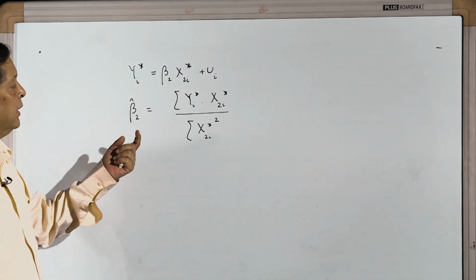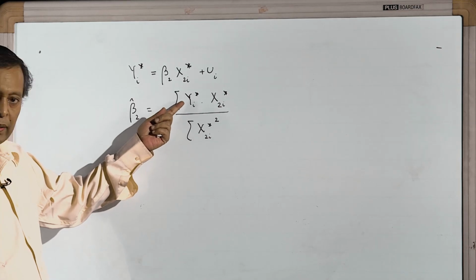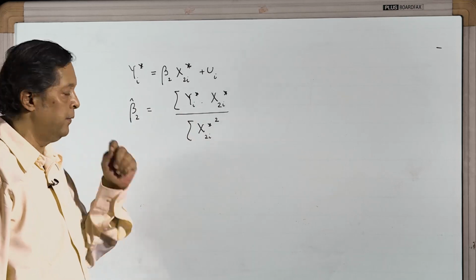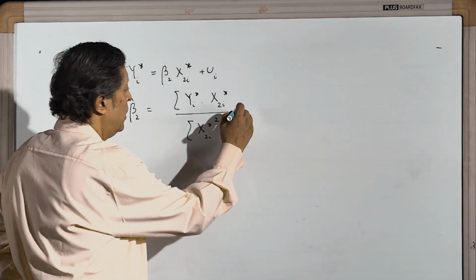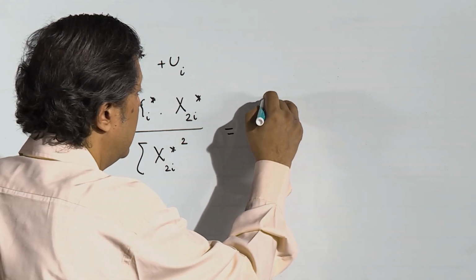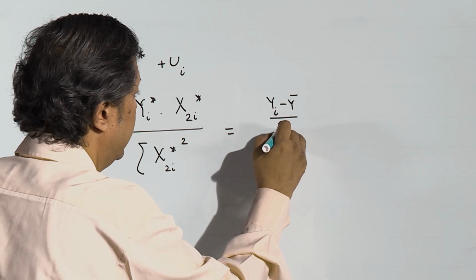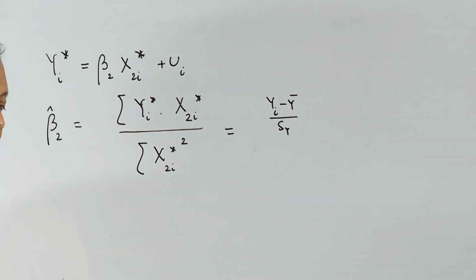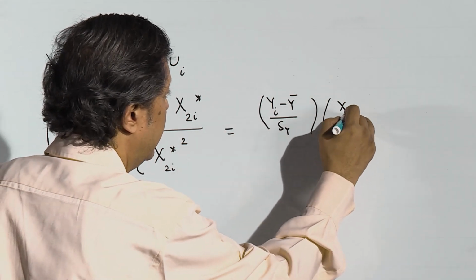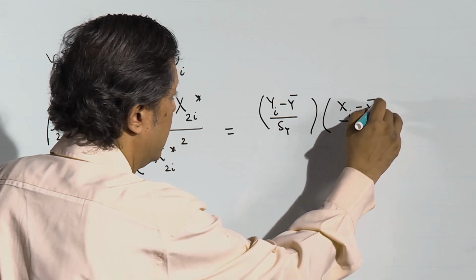Only thing is, now we are using, instead of small lower case letters, that is instead of mean corrected variables, original variables. So, let us now substitute y i star. y i star is y i minus y bar divided by s of y, the standard deviation of y, and x i star is x i minus x bar divided by the standard deviation of x.